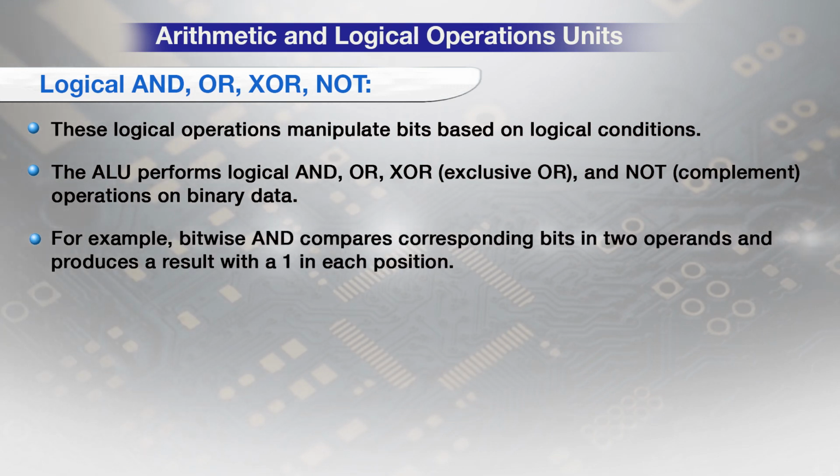For example, bitwise AND compares corresponding bits in two operands and produces a result with a one in each position where both operands have a one.